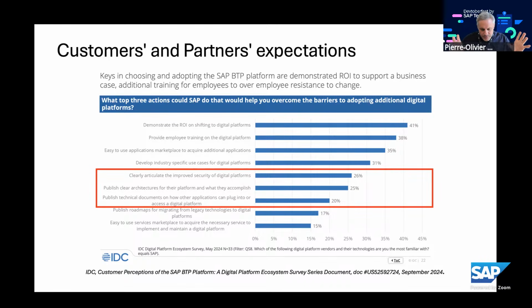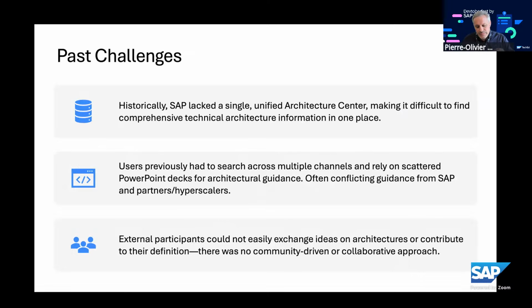And among all the answers, you can see the one with the red rectangle, is the lack of clear guidance or lack of a clear architecture available to understand, to adopt a new solution, to put in place a new solution. And that brings me to the past challenges.